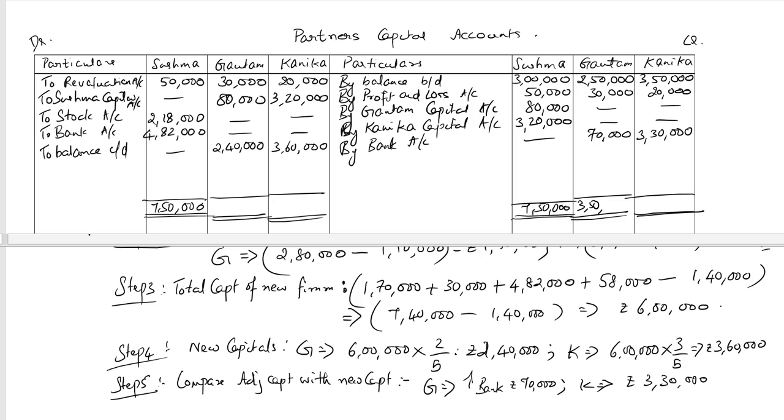Credit side total for Gautam comes to 3,50,000 rupees. Debit side also totals to 3,50,000 rupees for Gautam. In the case of Kanika, credit side total is 7 lakh rupees and debit side total for Kanika is also rupees 7 lakh.